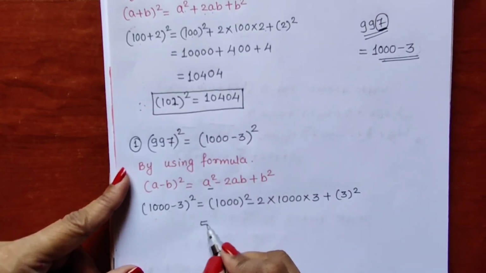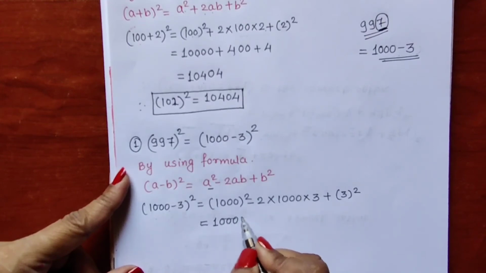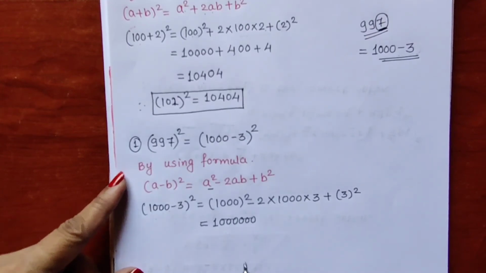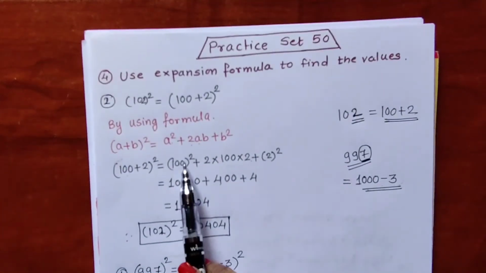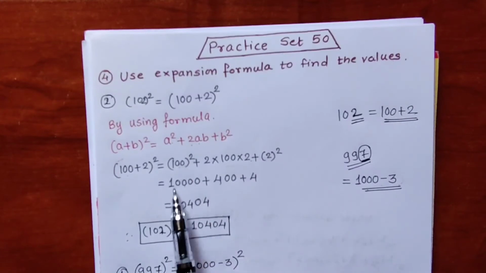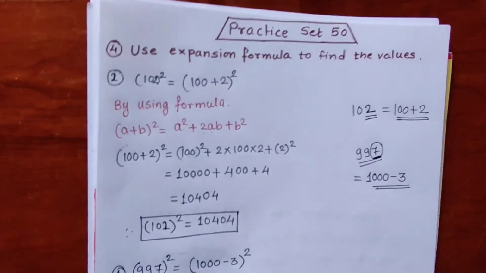Now 1000 square, how to write? 1 square is 1, we all know, and 3 zeros are there, so for the square we have to write 3 2s are 6, that means 6 zeros. Are you understanding? When 3 zeros are there, 3 2s are 6, so we write 6 zeros. Here when 2 zeros are there, 2 2s are 4, so we write 4 zeros. In this way you have to do the calculation.